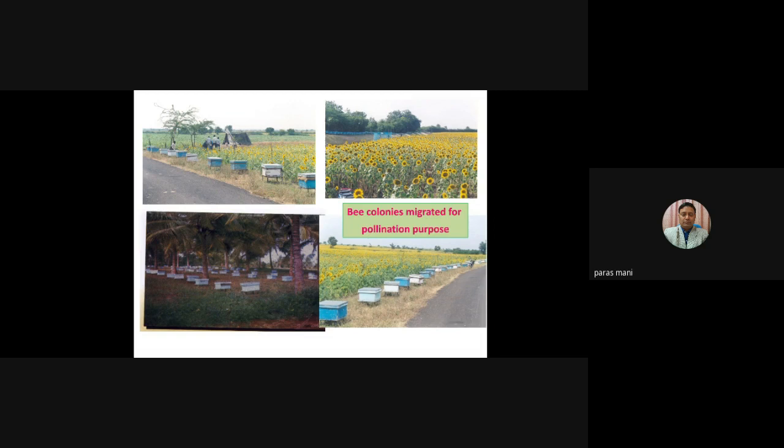So usually the beekeeper gets the better yield by placing these colonies in such fields. So the beekeeper voluntarily identifies such fields and moves his boxes to such locations for one season, around 3 months. So these bee colonies will be effectively used for cross-pollination and increasing the yield.